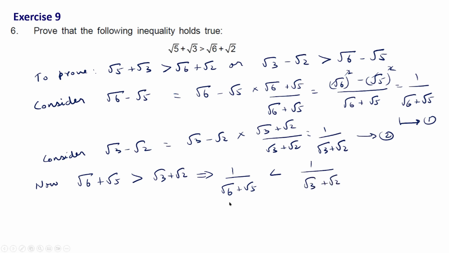This is by the property of inequality. Now this 1/(√6 + √5) is nothing but √6 - √5. This is less than 1/(√3 + √2), which is √3 - √2. This is from 1 and 2.